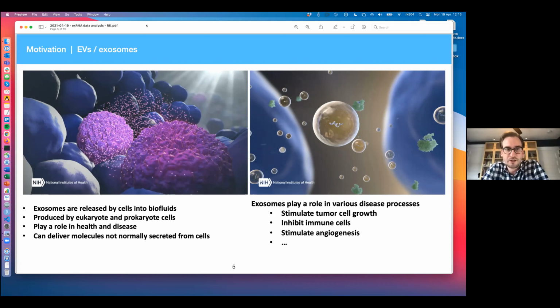Usually when you think of things being secreted from cells, you're thinking of proteins, metabolites, and whatnot. And exosomes contain a fairly healthy cargo of RNA and potentially DNA that you would not otherwise be able to see without them. And they potentially also play various roles in different diseases. They stimulate tumor growth, inhibit immune cells, and various other long-range potential functions where you have an EV released by one cell and taken up into another.